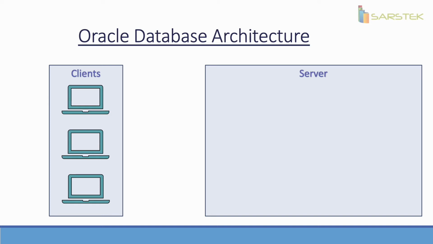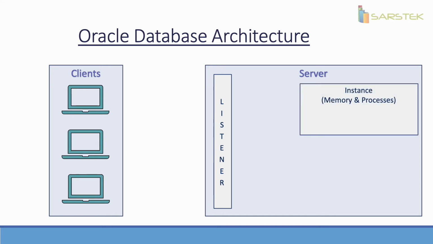As discussed earlier, the listener is working like a gateway here. So whatever requests are coming from the clients to the server will go via the listener. And the listener will analyze whether it is a new connection request or a query request. Based on that, it will be interacting with the instance.